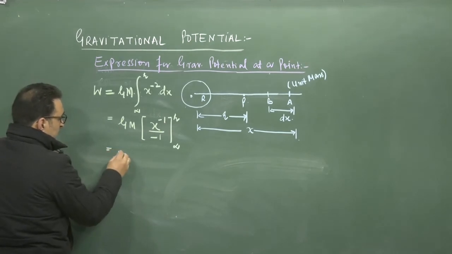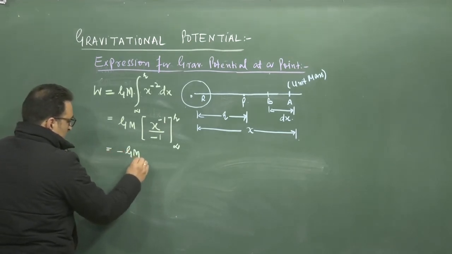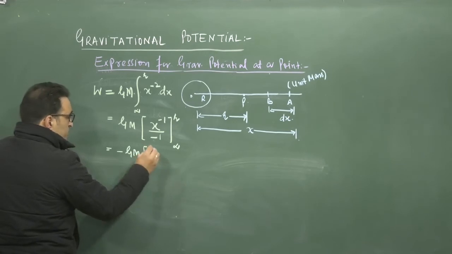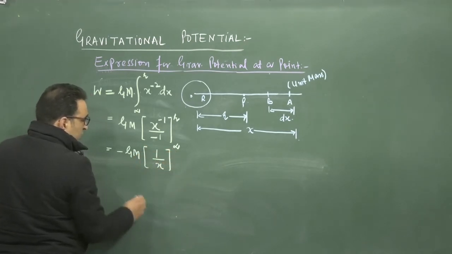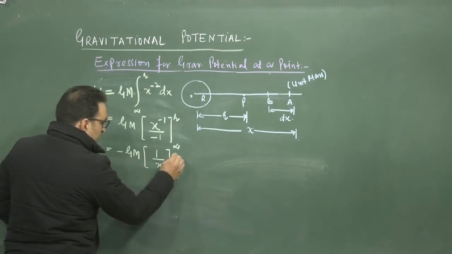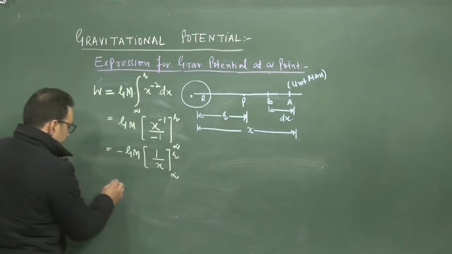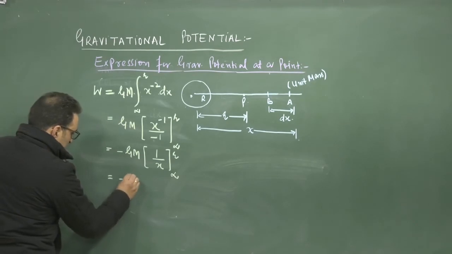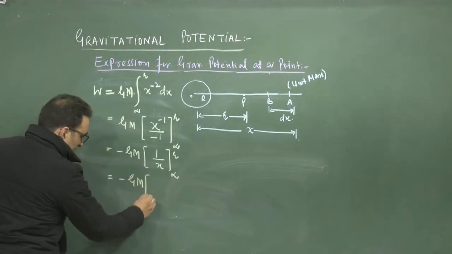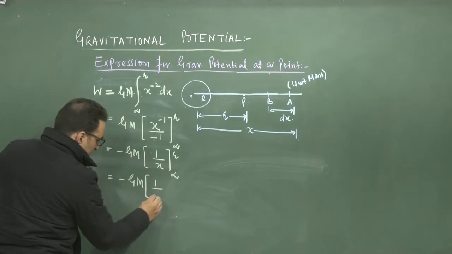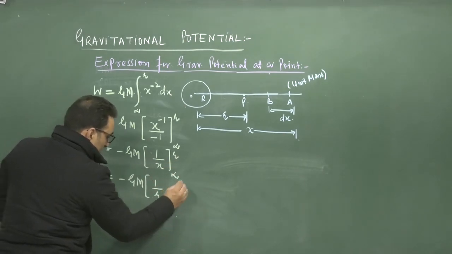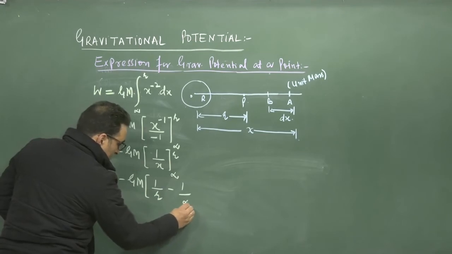So I can write this as minus GM, and x raised to power minus 1 can be written as 1 by x, and we can write this as infinity to r. Now this is minus GM. Now 1 by upper limit, that means 1 by r, minus 1 by infinity.